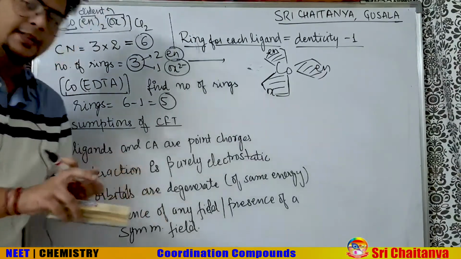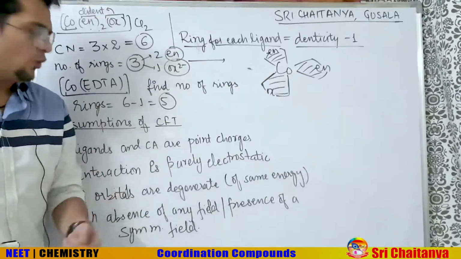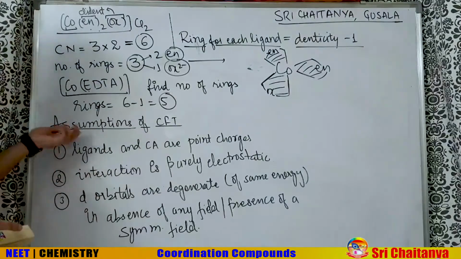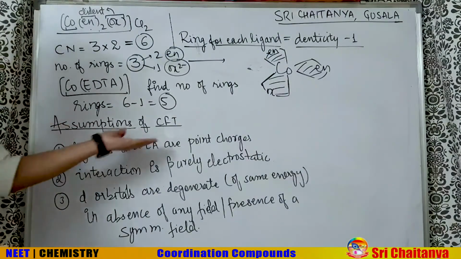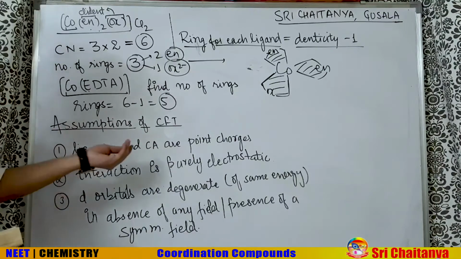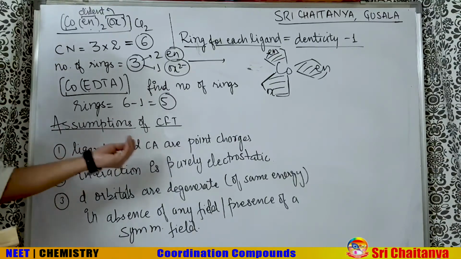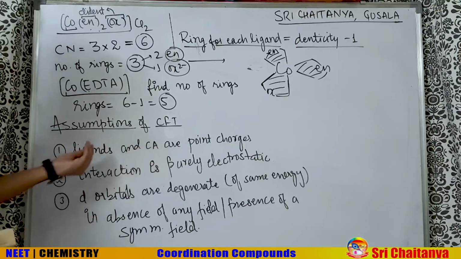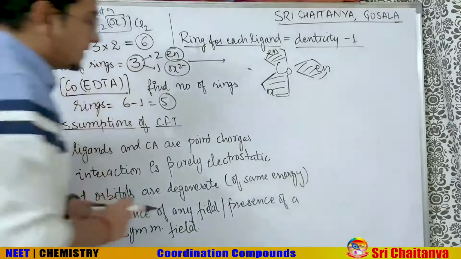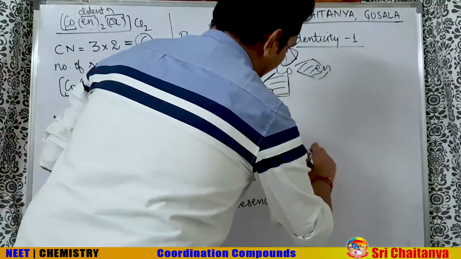Now I am going to start CFT in the next frame, but right now let's see the assumptions of CFT from which a theory question can come. Assumption number 1 is ligands and central atom are considered to be point charges. Ligands and central atom interact with purely electrostatic force of attraction, and it is a very big drawback also. Why?